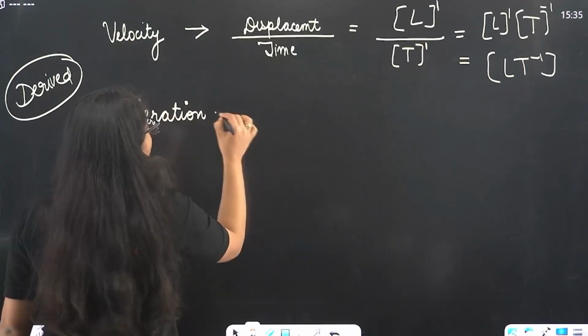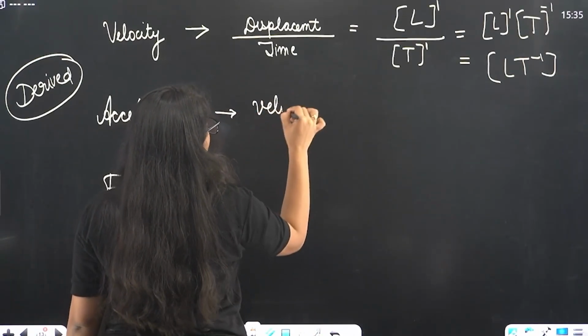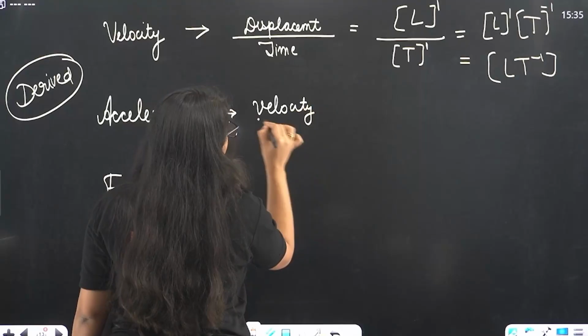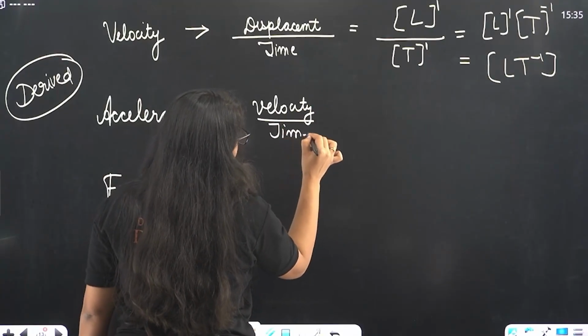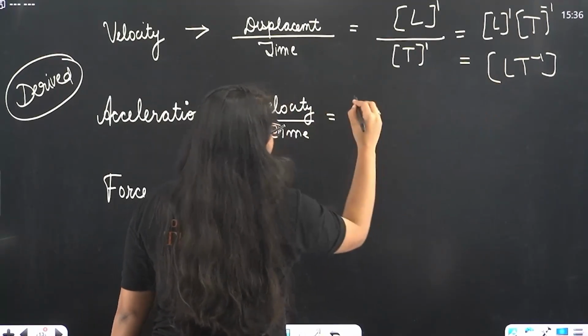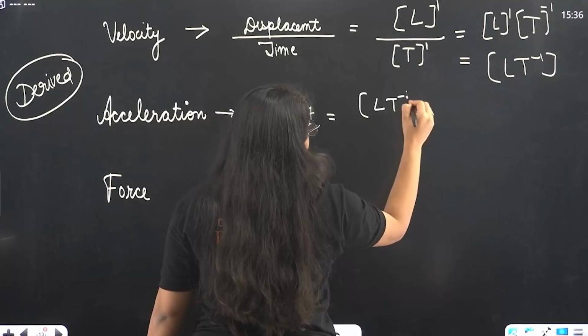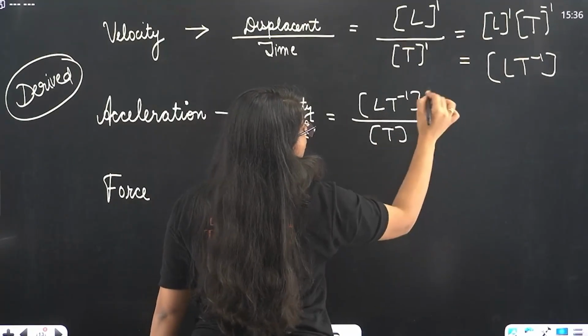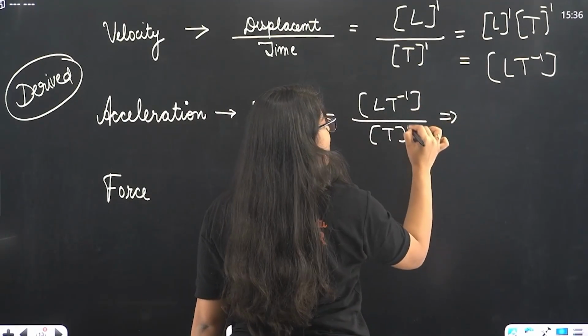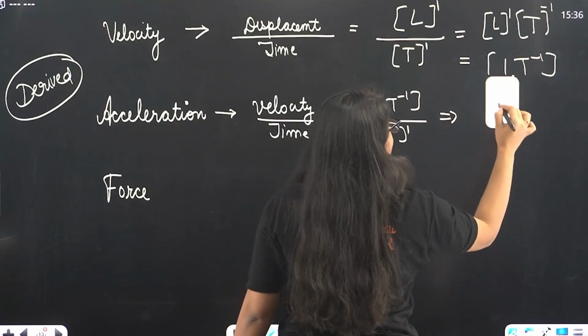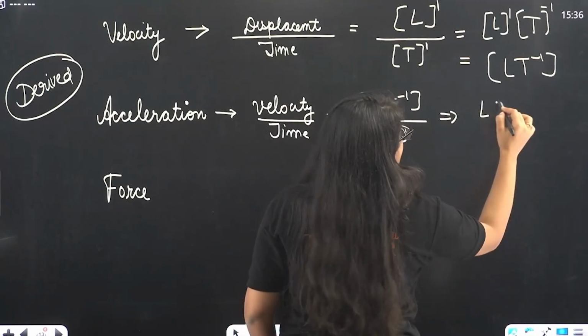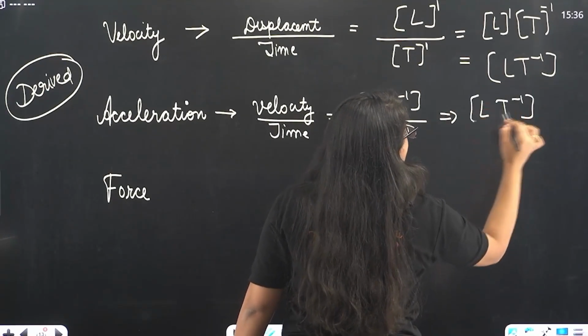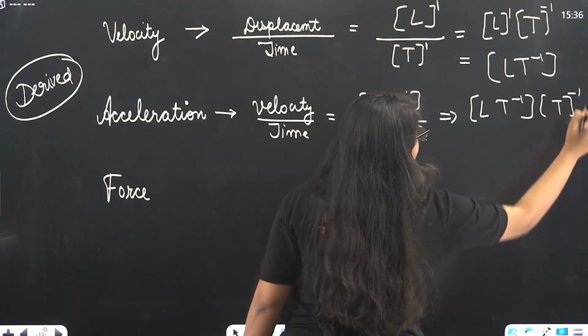Similarly, let's do for acceleration. This is what? Velocity upon time. Now dimensions of velocity we just found out. This is LT minus 1. What are the dimensions of time? T. Now if this T goes in the numerator, what will its power become? Minus 1. LT minus 1 and another T with the power minus 1.